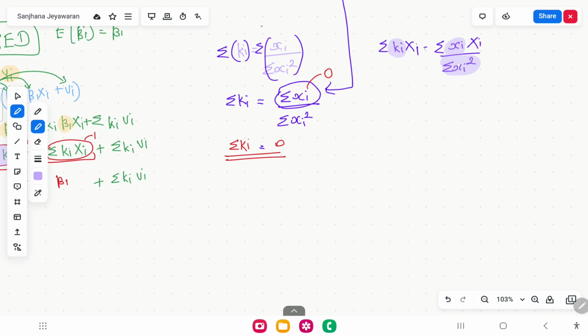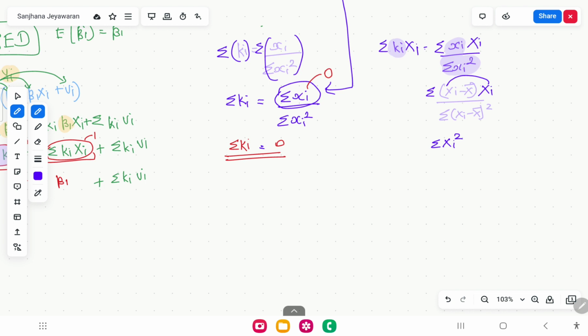Now the simple exercise can be written in the deviation form. How do we write it in the deviation form? Xi minus x bar. Even in the denominator, I can write sigma xi minus x bar whole thing square. Next, I'm going to cross multiply xi with xi, which is sigma xi square.